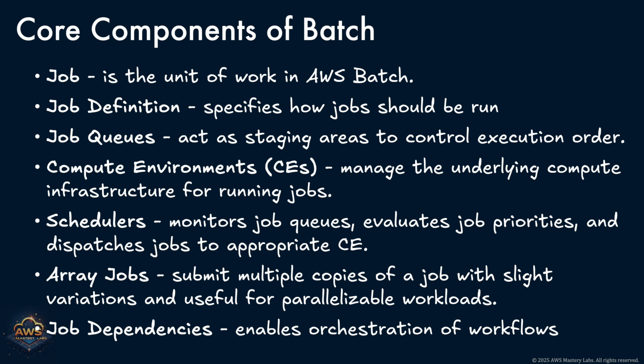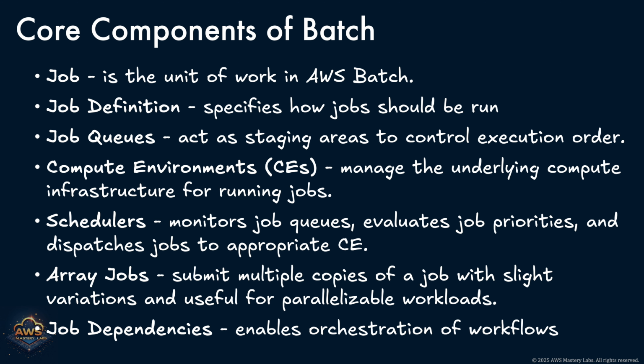To effectively work with AWS Batch, it's important to understand its core components, the building blocks that define how jobs are created, scheduled, and executed. First, at the heart of everything is the job. A job represents a unit of work, for example, running a script, training a model, or processing a dataset. Each job specifies the container image to use, the compute requirements, environment variables, and any parameters it needs at runtime.